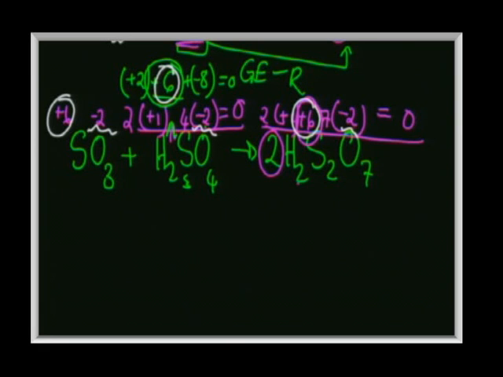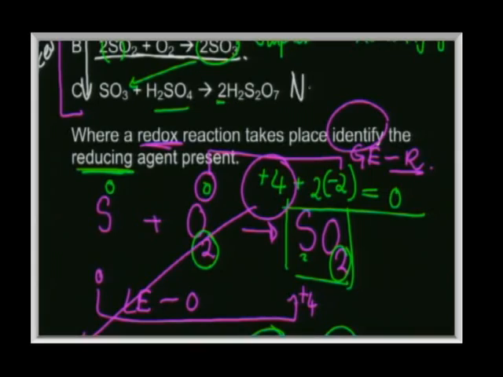And then lastly, I notice that my hydrogen over here also remains +1, throughout the reaction. So there is no transfer of electrons that takes place. If there is no transfer of electrons taking place, then this is not a redox reaction. Then I simply write over here next to my equation, or as my answer, that it is not a redox reaction.